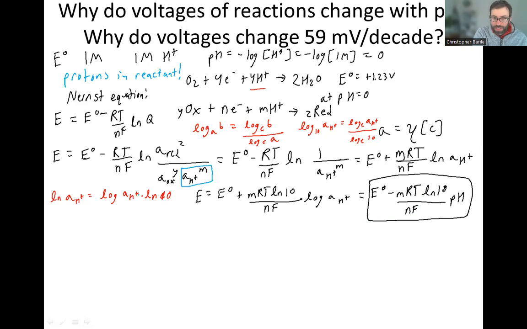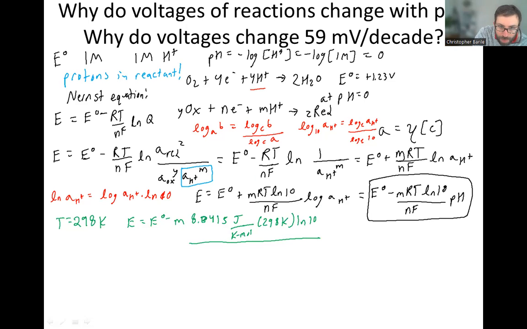So you can plug this in now for a normal condition, which is T equals 298 Kelvin, close to room temperature. If we do that, we'll get E equals E naught minus m times 8.3415 joules per Kelvin mole times temperature 298 Kelvin times ln 10.